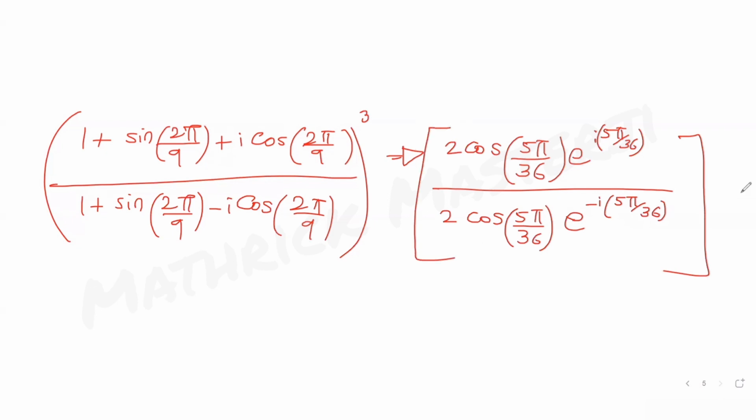This is whole cubed. And when this is whole cubed, I can just cancel out 2, and I can cancel out cos of 5 pi by 36.